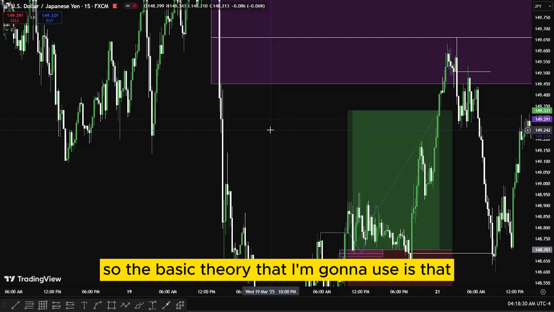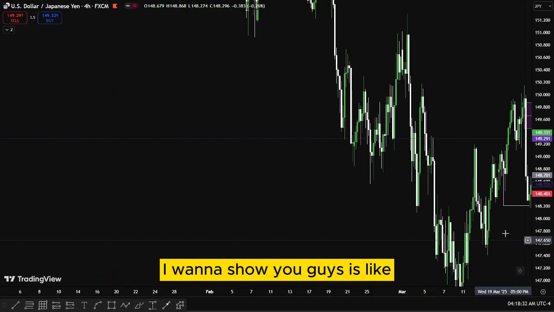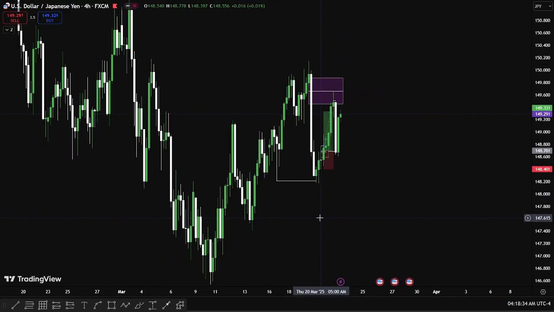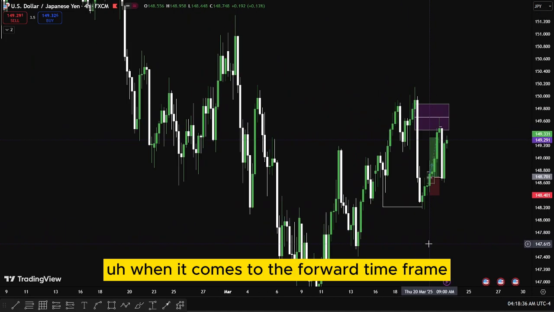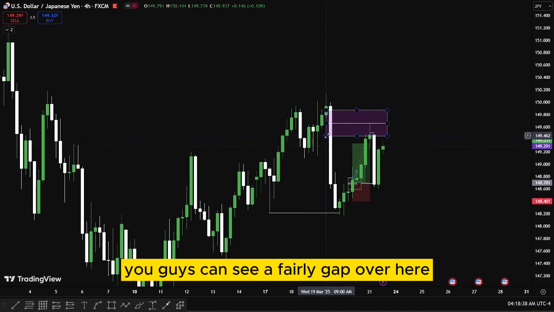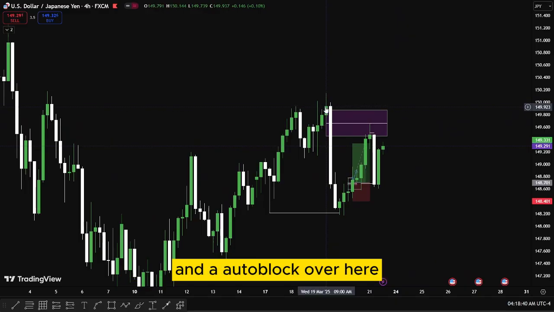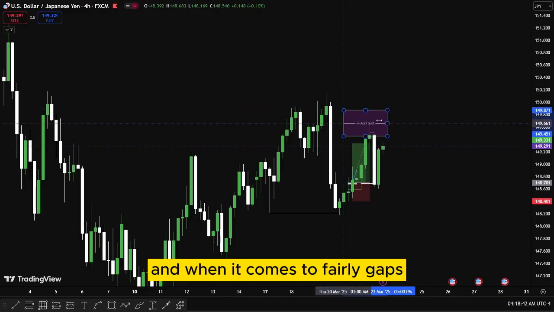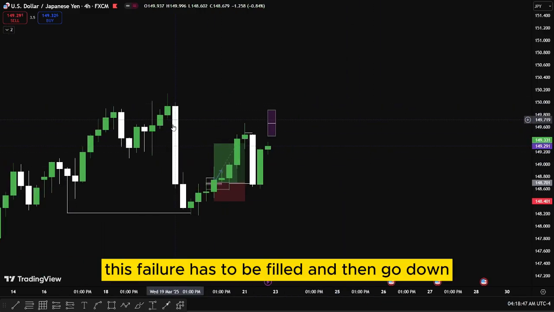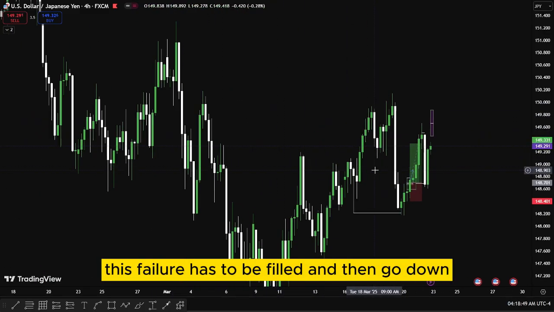The basic theory that I want to show you guys is that when it comes to the 4 hour time frame, you guys can see a fair value gap over here and an order block over here. And when it comes to fair value gaps, this fair value gap has to be filled and then go down.